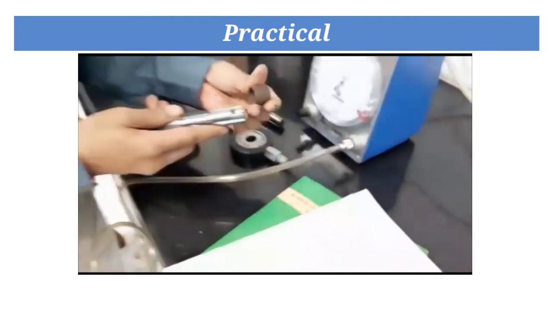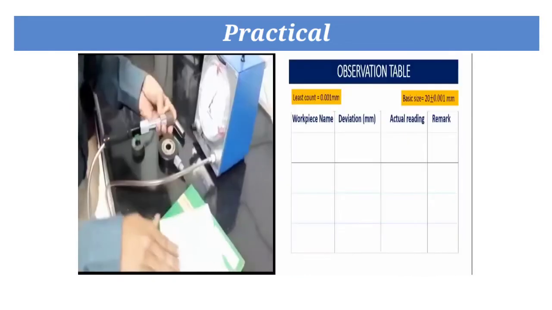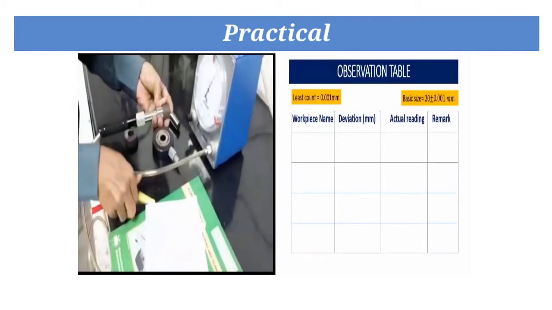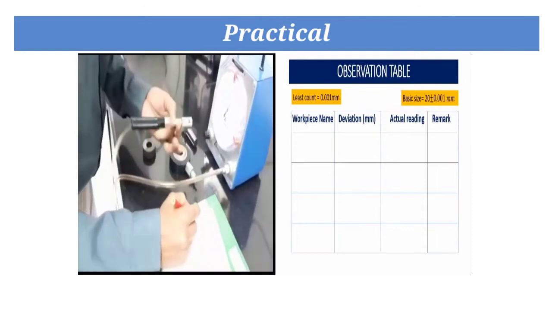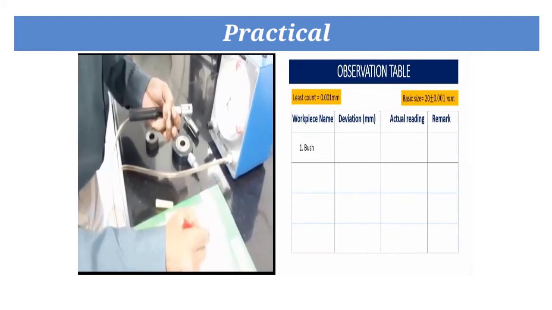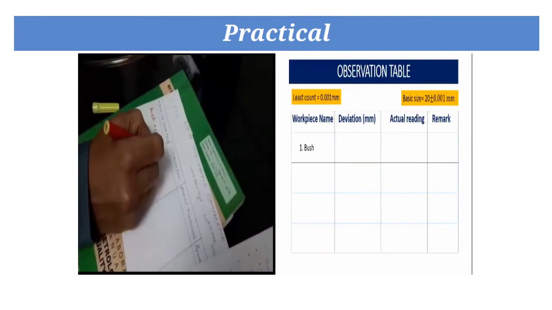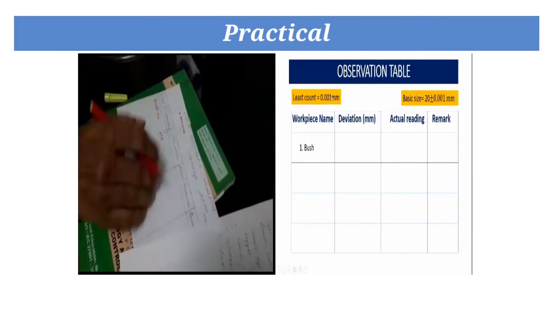Suppose these are my components. I'm just inserting it and noting down the readings there. Now in the readings here, it shows the 2 divisions. So suppose this is the bush number 1, whose 2 divisions go in the minus direction. And what is the least count here? 0.001 mm.